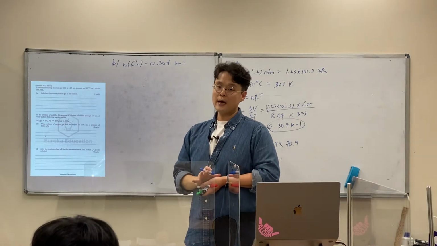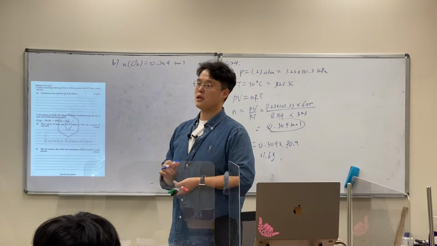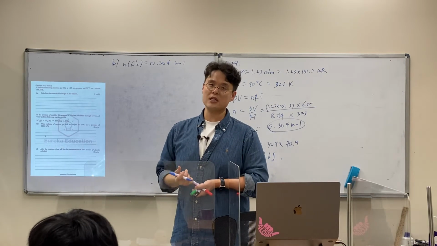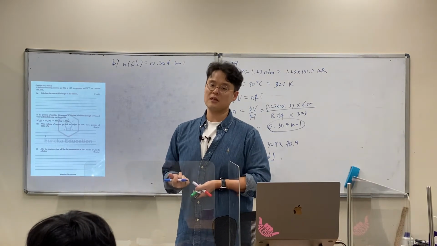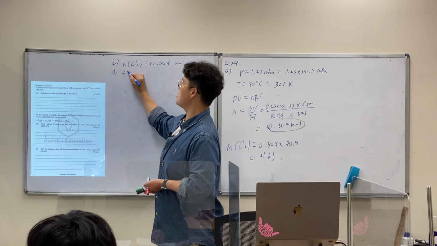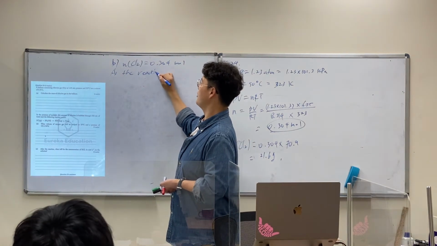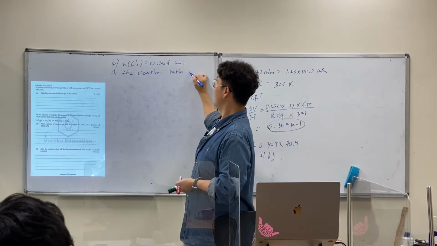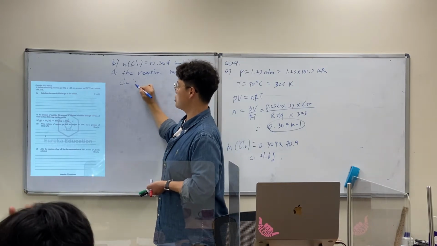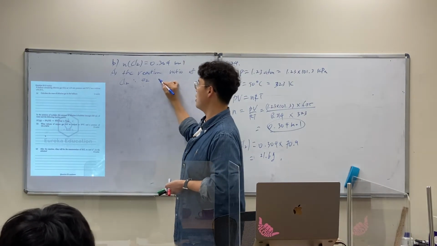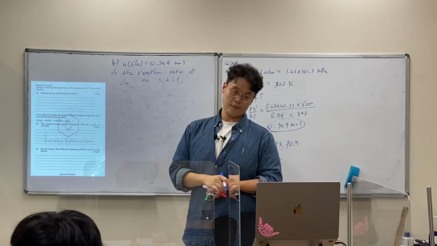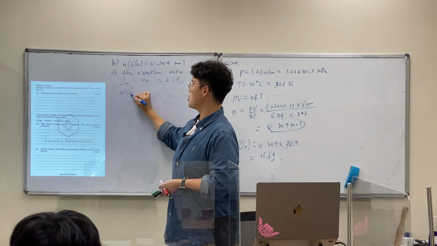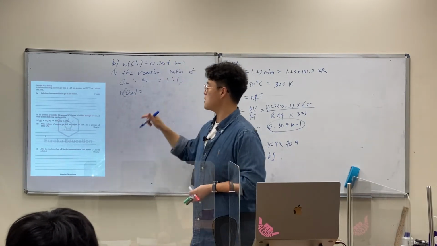What you need to write every single time, and I've been saying this for many weeks, for 100 times, no kidding, is the reaction ratio. The ratio of Cl2 to O2 is 2 to 1. The nO2 must be half of the nCl2.